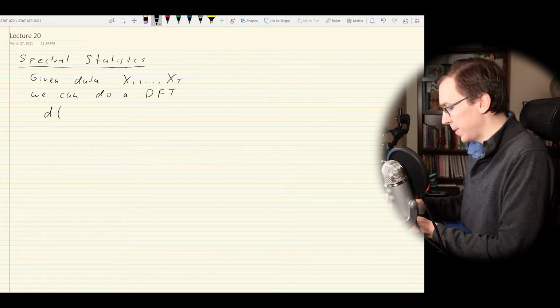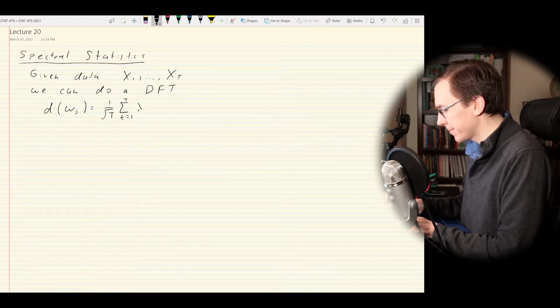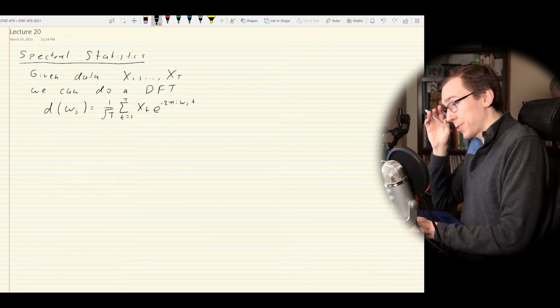And in this case, what we end up with is d(omega_j) equal to 1 over root T. Again, sometimes the scaling out front can change depending on what textbook you're reading or what computer package you're using, but this is what they're going to use here. And we get our xt, our data, and we multiply by the complex exponential e to the 2 pi i omega_j t.